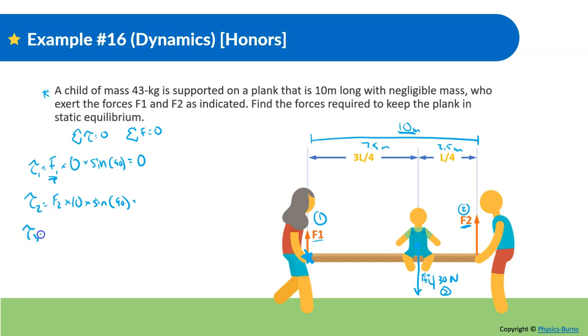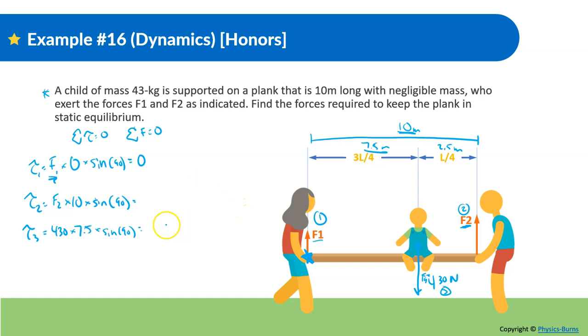Torque 3, let's see if we can figure that out. F3, the force of gravity, we do know that, it's 430. And it is 7.5 meters from the axis of rotation. And then sine of 90. So let's figure this out. 430 times 7.5.